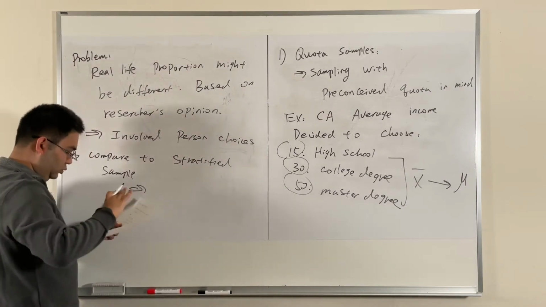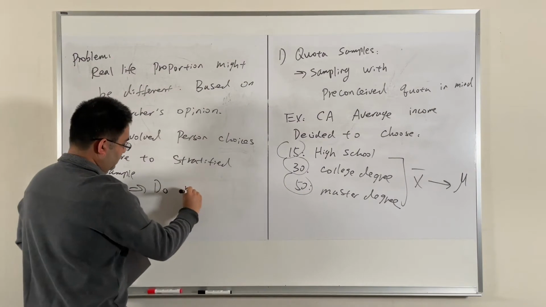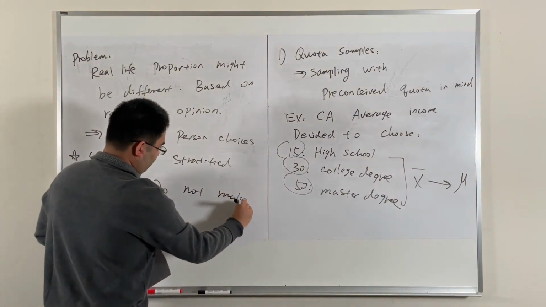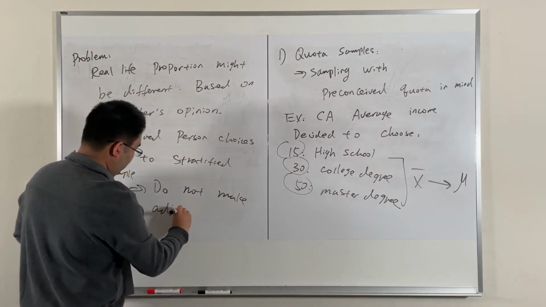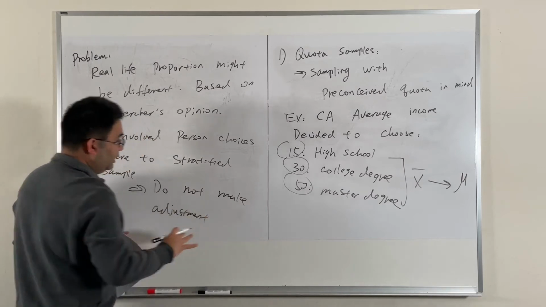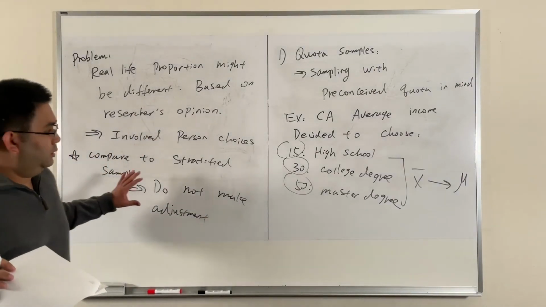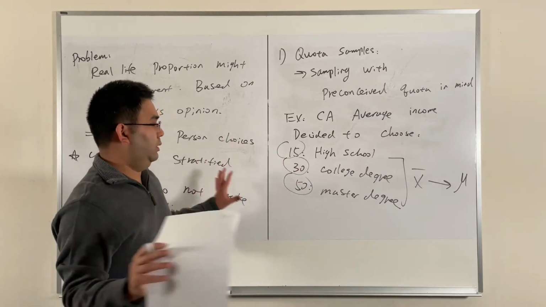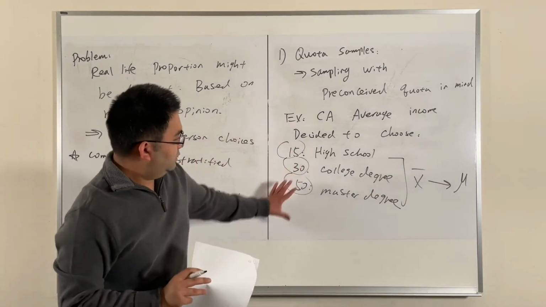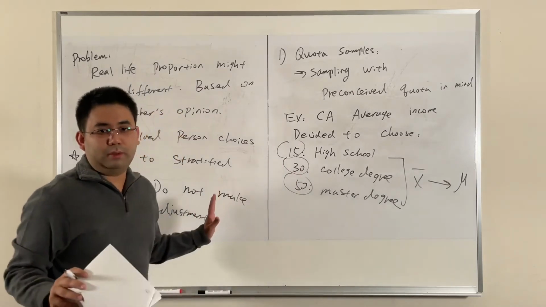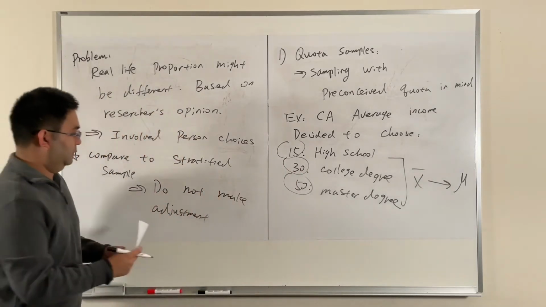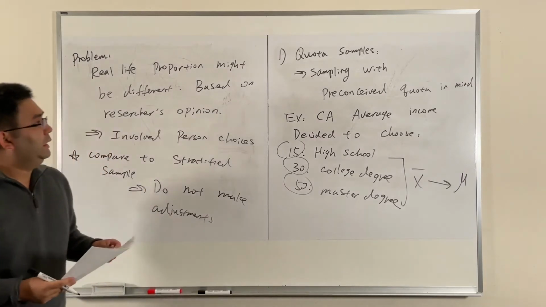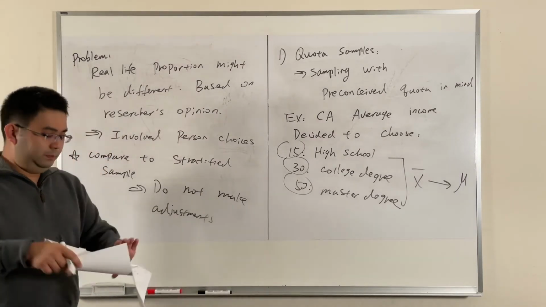But in this case we do not make adjustments according to the population. The researcher says we are going to do this, so this number is not based on the population, and you don't make adjustments. Okay, and this is our quota sample.